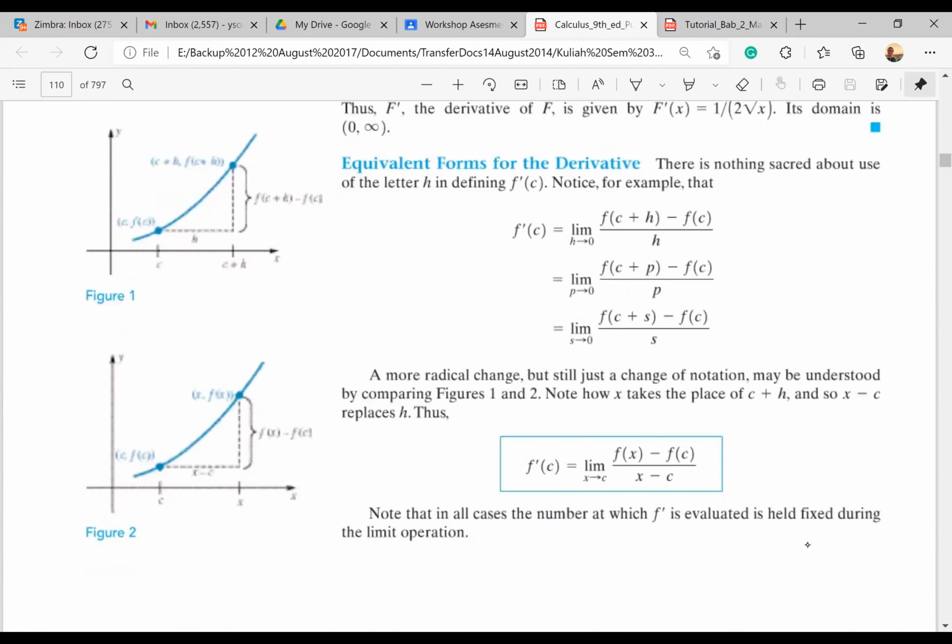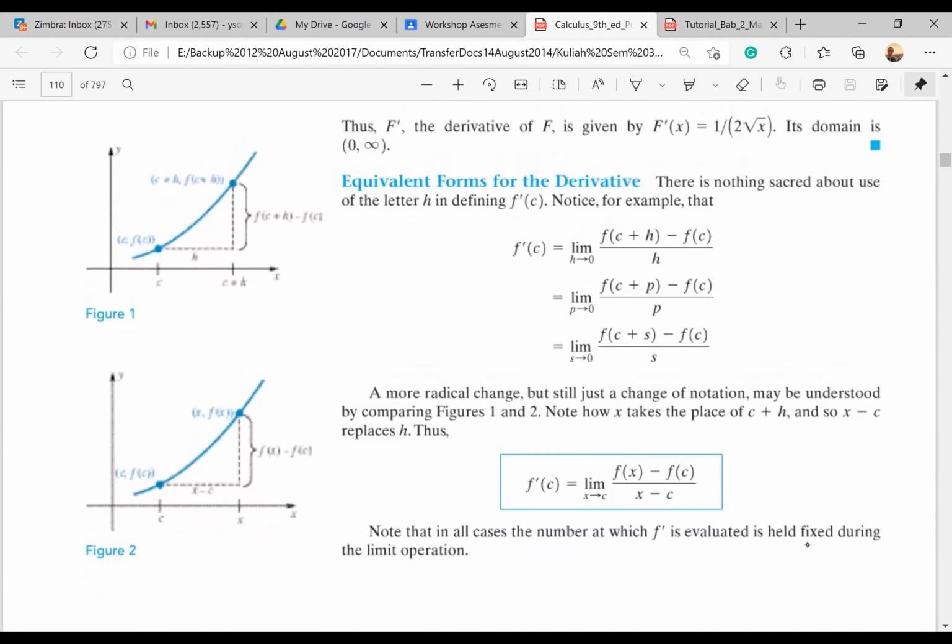This is an equivalent definition of the limit. So instead of this one, we can also use this one. Depending on the situation, sometimes this is easier, sometimes that one is easier.